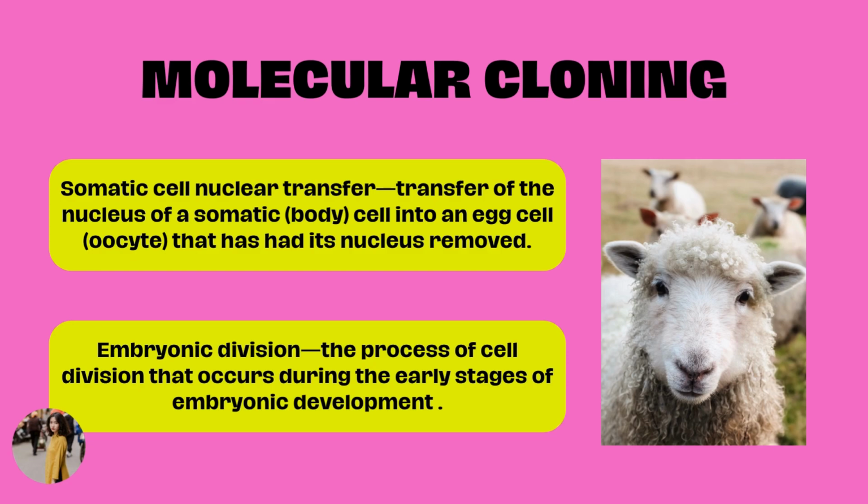The resulting cell with the donor nucleus can develop into an organism genetically identical to the donor. The second thing is embryonic division, which is a process of cell division that occurs during the early stage of embryonic development. This process is fundamental to the formation of an embryo from a fertilized egg, or what we call a zygote.